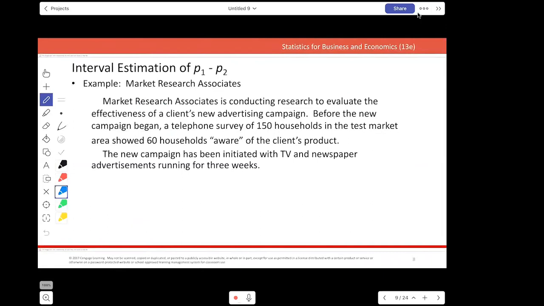So let's take a look at an example. Market research associates is conducting research to evaluate the effectiveness of a client's new advertising campaign. Before the campaign, a telephone survey of 150 households in a test market showed that 60 of them were aware of the client's product. So we're doing some product awareness in this case. 60 out of 150, and that sounds like a proportion to me. The new campaign has been initiated with TV and newspaper, and it's now been running for 3 weeks.